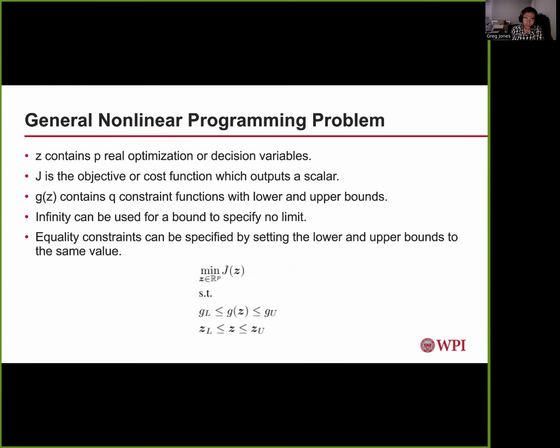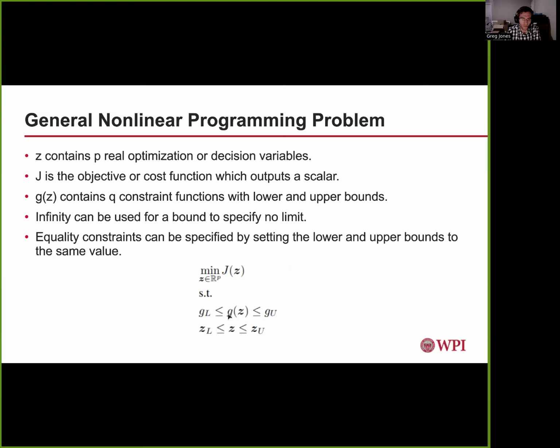Now, both these methods need to formulate a nonlinear programming problem. In the general case, that involves a cost function J here that takes the c value, which just represents the optimization variables that need to be selected, and then these constraints need to be satisfied.